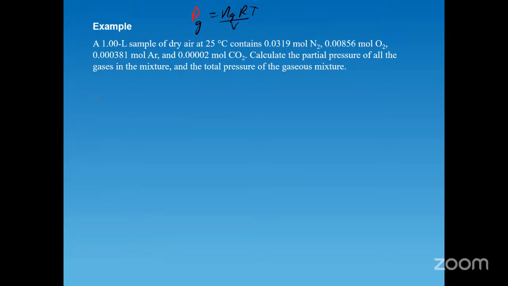So in the case of nitrogen, that would be equal to the number of moles of nitrogen, which is 0.0319 moles, times R, which is 0.0821 liters atmospheres over mole Kelvin, times the temperature, which is 298 Kelvin, which is 25 degrees Celsius.